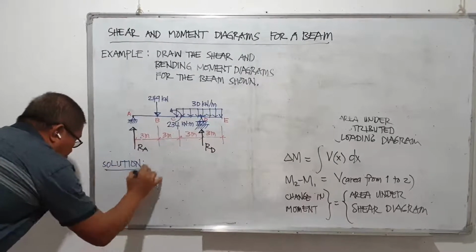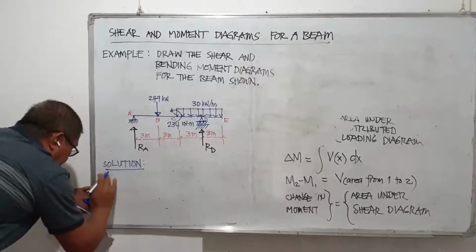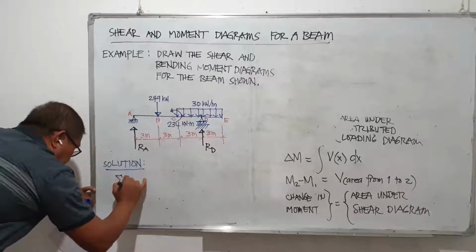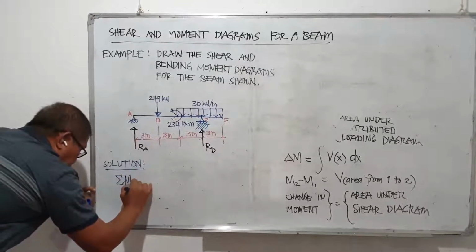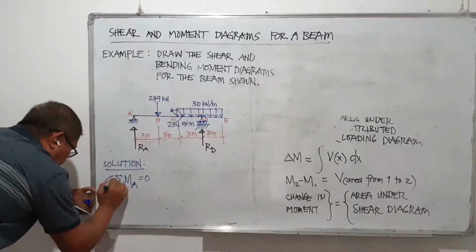So the initial moment at point A equal to 0, with counterclockwise positive.